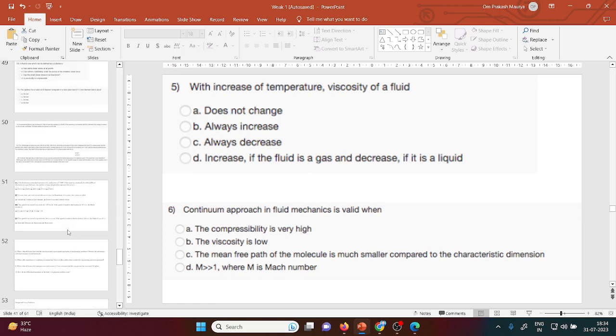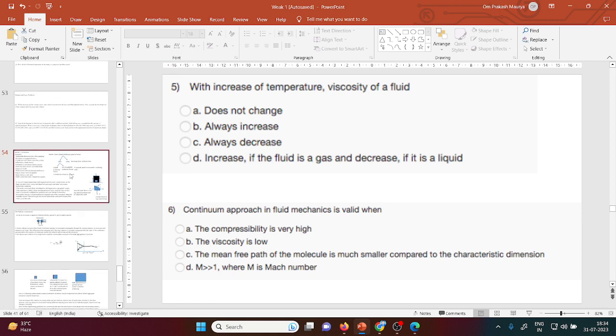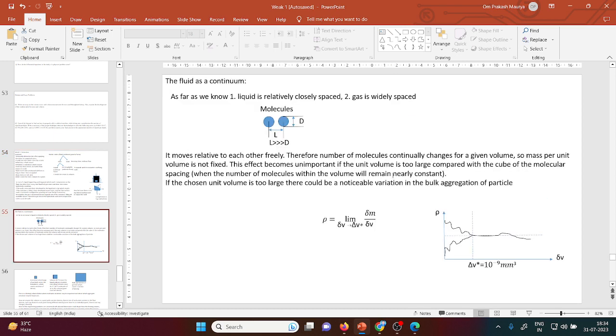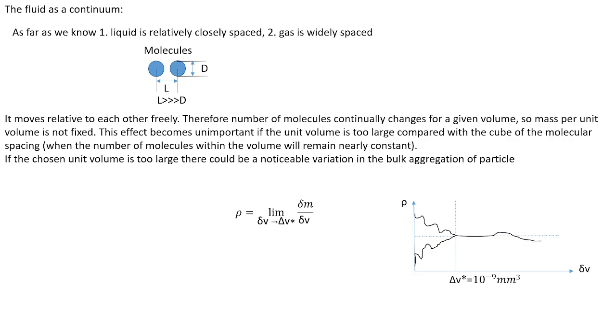I have some slides about it. I think the slide is visible in full view mode. Yes. The fluid as a continuum: here you just see two molecules. Let me use the pen. This molecule and this molecule.